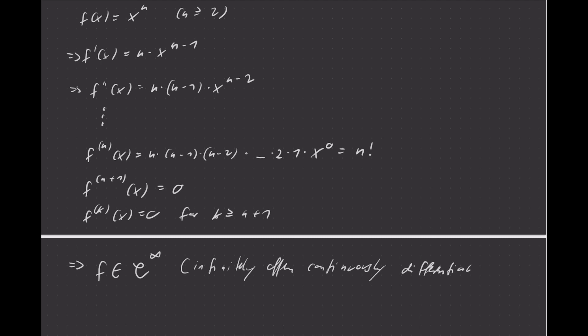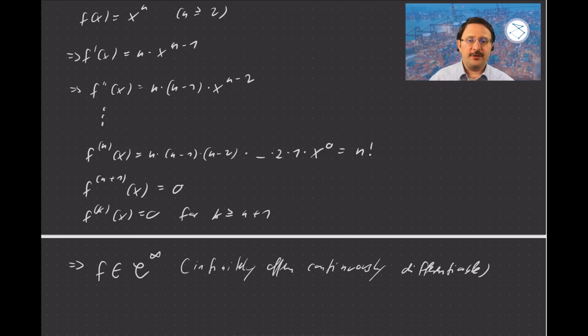And of course, this also extends to all polynomials. Every polynomial is also infinitely often continuously differentiable. And at some point, the derivatives will just turn into zeros, constant zeros. This also applies then by extension to rational functions. There are usually points where the rational functions are not defined, and so the derivatives might also not be defined at certain points.